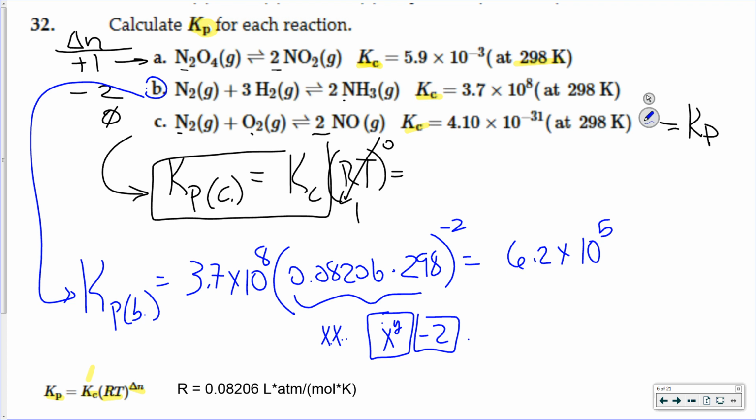And then hit equals, and that took that to that power, and then I multiplied that by the value of K sub C. So you have to figure out how to do it on the calculator. Question on that? Good. Okay. Let's look at the next one.